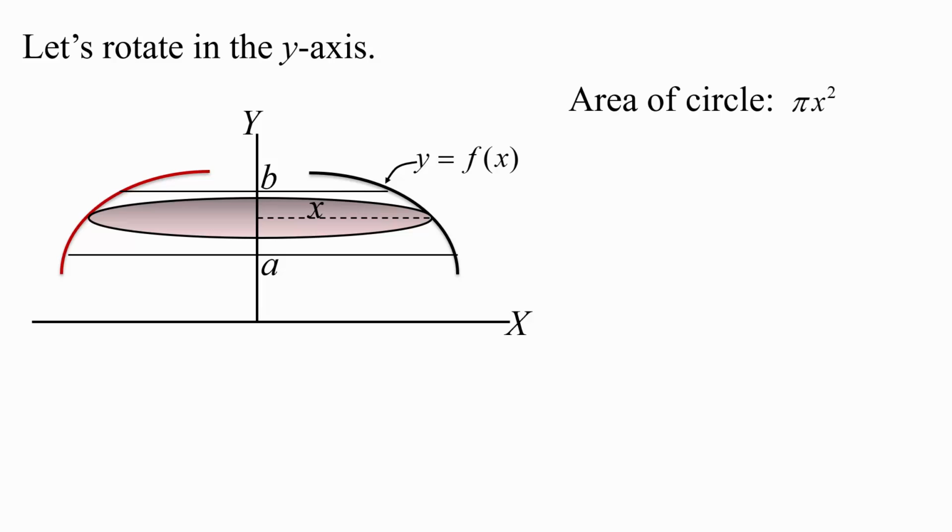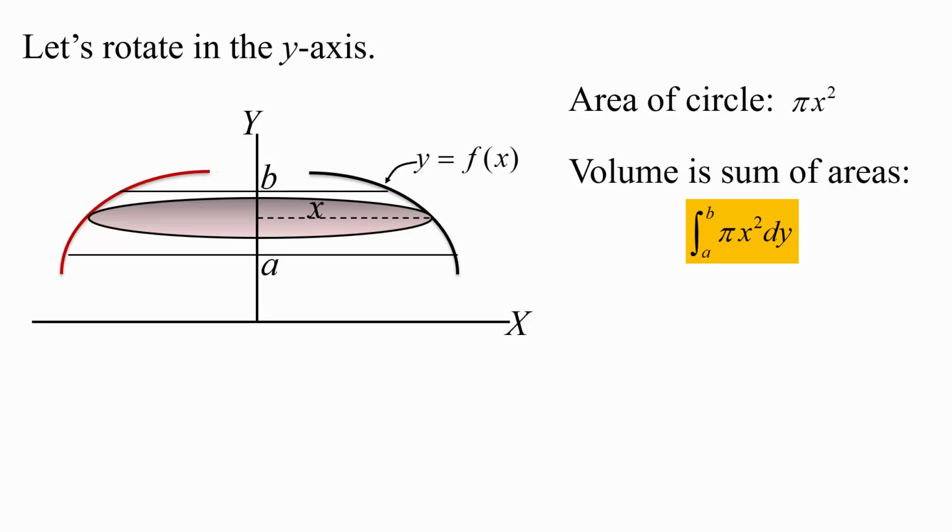Again, the area of the circle is pi x squared this time, because the radius is x, and the volume we want is the integral from a to b of pi x squared dy. That means we are integrating with respect to y. We are going along the y-axis.